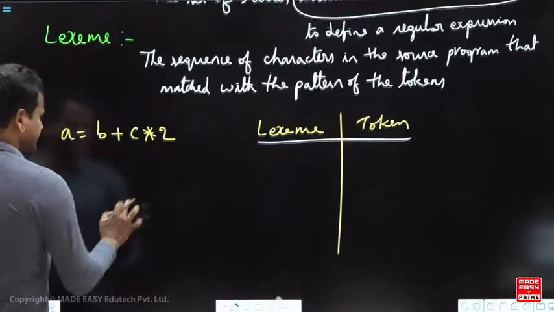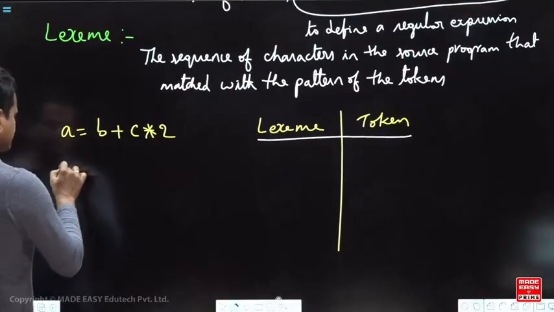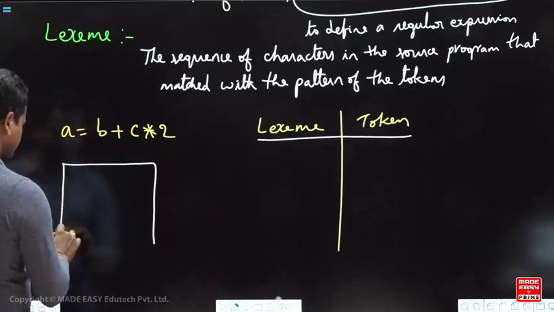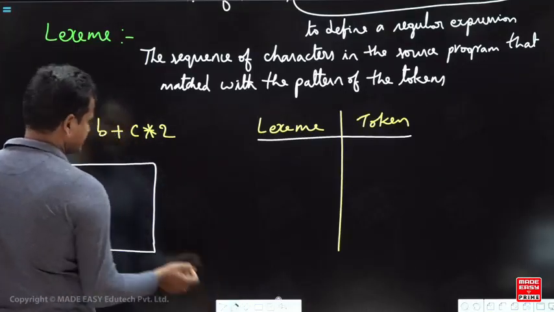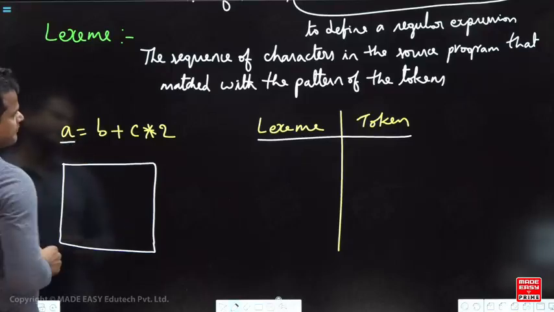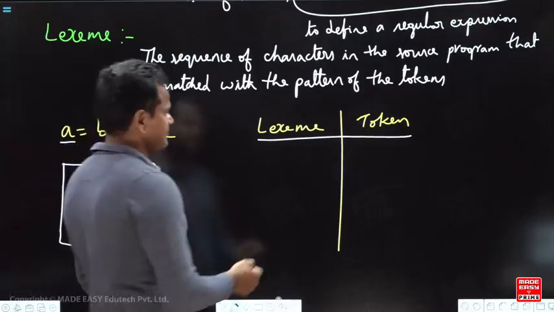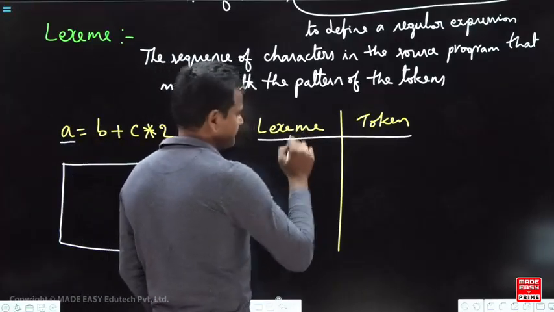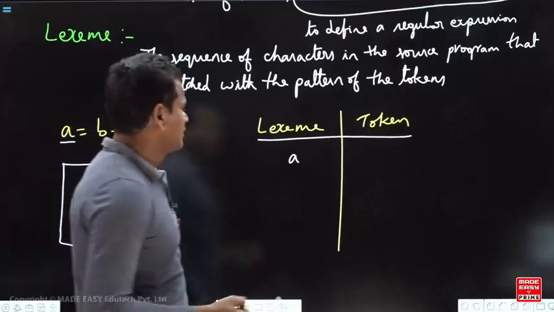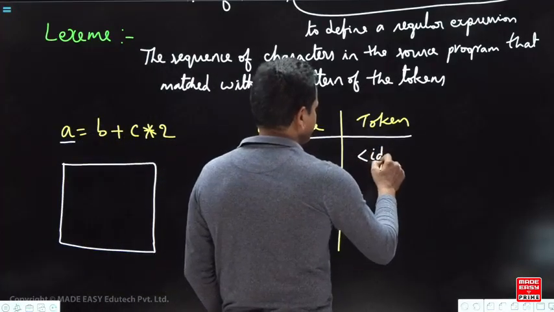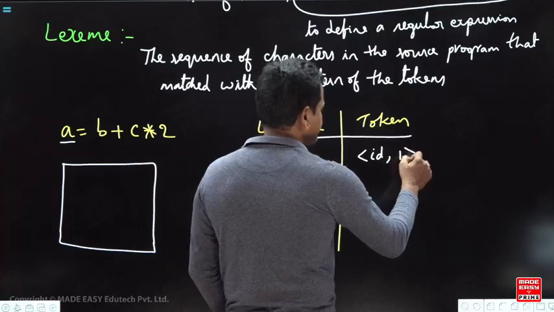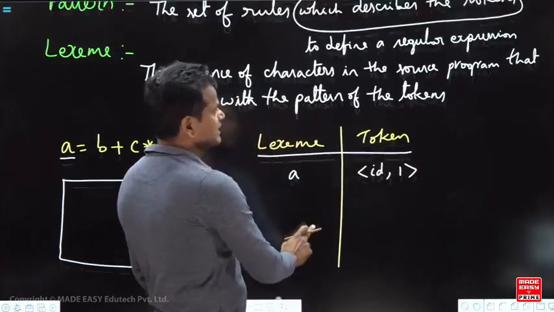Now, there will be a symbol table. Look at this, guys. A is a lexeme. What type of token is it? It is an identifier. It is a token name.